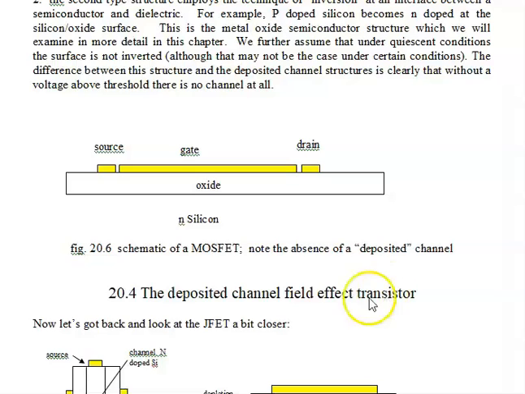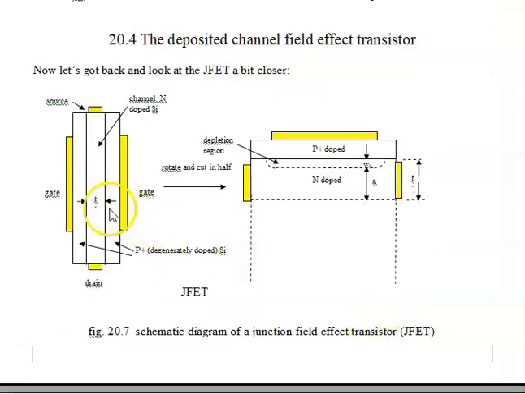Okay, so let's take a minute or two to talk about one specific type of deposited channel field effect transistor, the JFET. We won't be discussing this in any detail, but it's a good place to start. If we take this and rotate it, and cut it off, we're only looking at this gate, this P plus silicon, and the channel region.